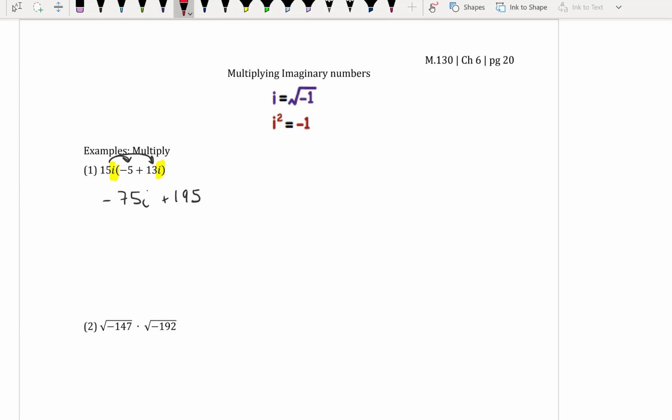So that is going to give me an i squared. So I have -75i plus 195, but that i squared is really a -1. So -75i minus 195.